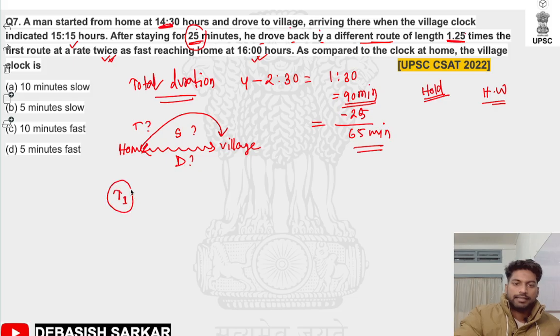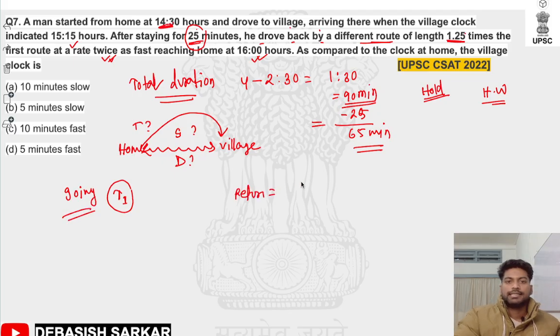This is for while going, but while returning they are saying the route got 1.25 times more. So the distance will be 1.25 times more.